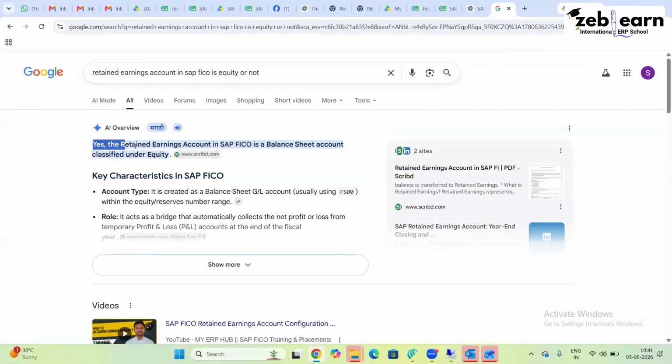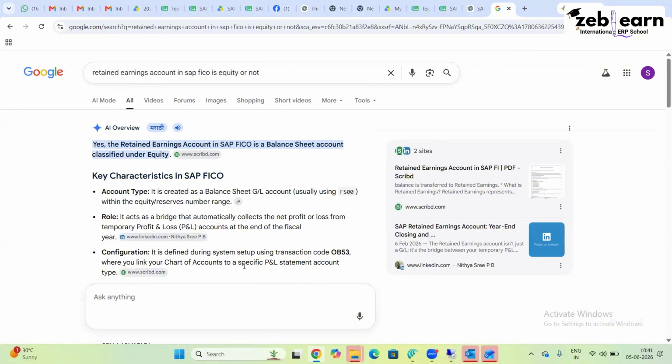Can you read this again, Pragati? The retained earnings account in SAP FICO is a balance sheet account classified under equity. Key characteristics in SAP FICO. First is account type. It is created as a balance sheet GL account, usually using FS00, within the equity reserves number range.